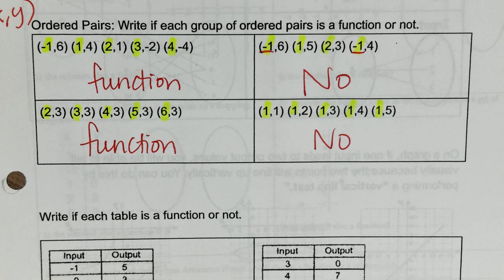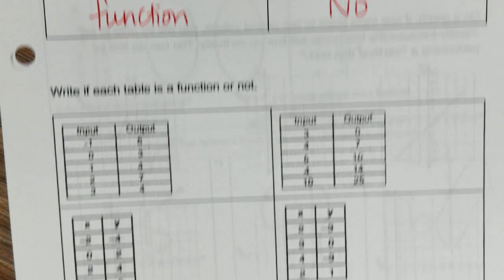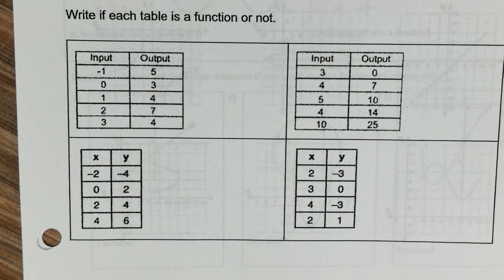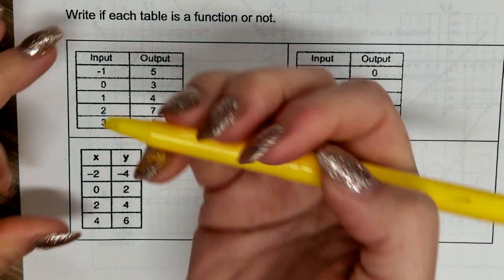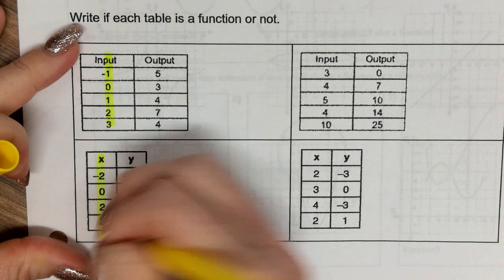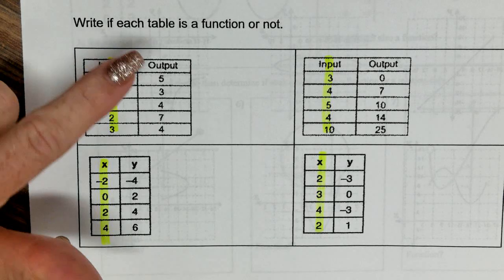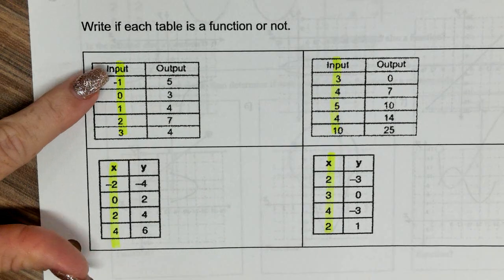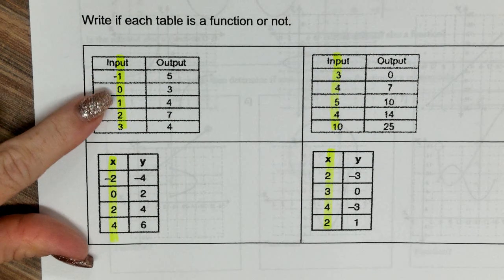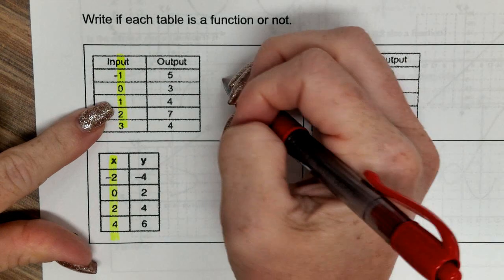This is super, super easy. All right, go down to the tables. For the tables, it's pretty easy because you're really just looking at the x column or the input column. So go highlight the input columns. You do not care about the y's, the outputs. As long as the inputs do not repeat, you're good. So this one, did anything repeat? So this is a function.